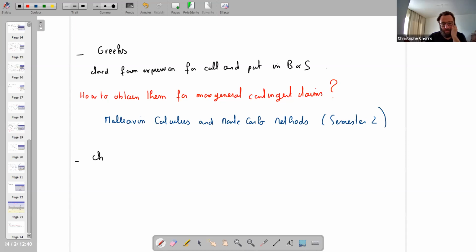You have another problem, that is the choice of sigma. Let's discuss this point because it's a very interesting point in the Black-Scholes model. Remember that in the Black-Scholes model, the historical dynamic is given by this one that depends on the drift and on the volatility.